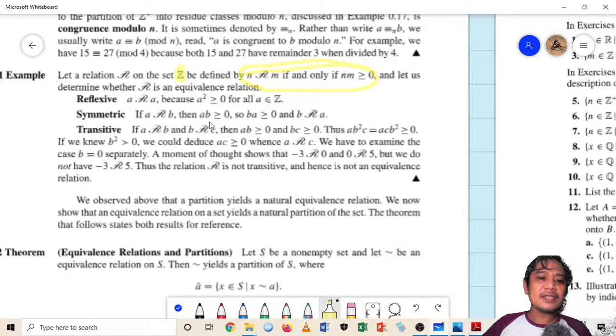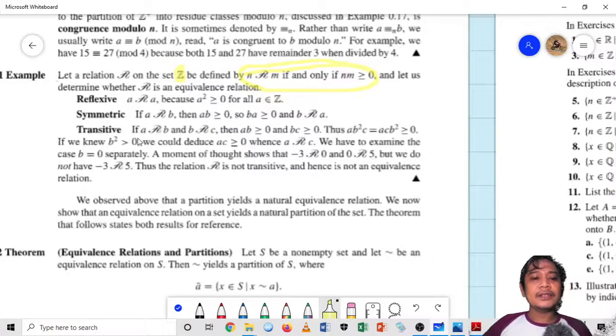B times A is just the same as A times B. And if the product B times A is greater than or equal to 0, then by definition of R earlier, it should follow that B is related to A. In other words, if A is related to B, then B is related to A. So, the relation therefore is symmetric.